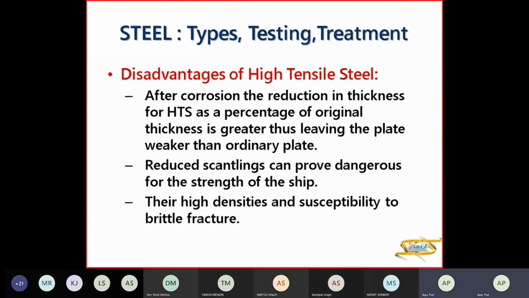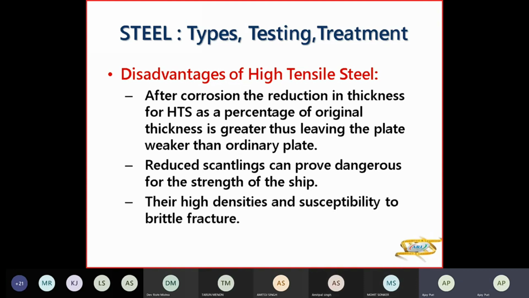Now the disadvantage of high tensile steel is if corrosion occurs in this, your reduction in thickness will be more as compared to MS steel, which will make it weaker than an ordinary MS steel plate if it is corroded. So you have to be very careful with the maintenance of these kind of plates.